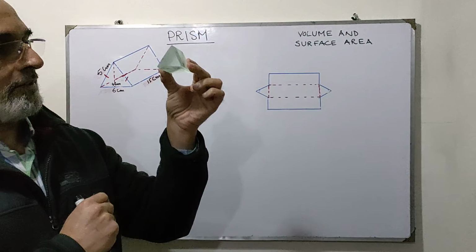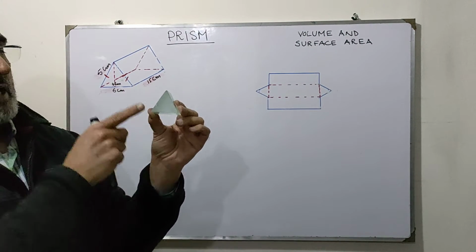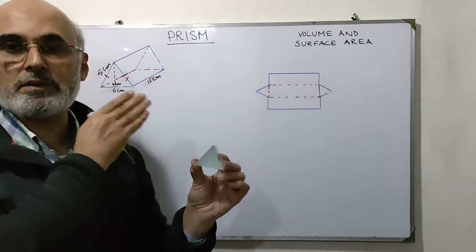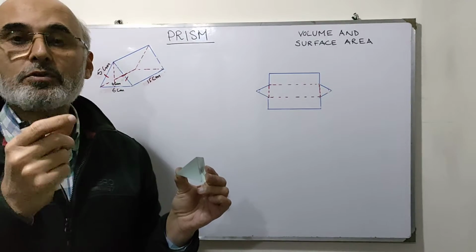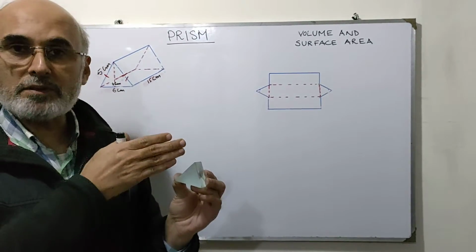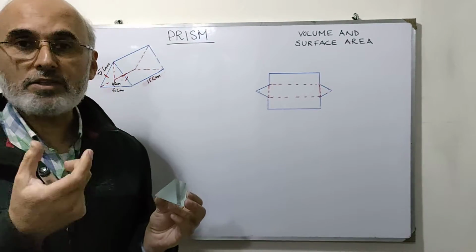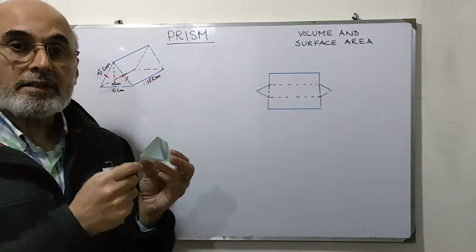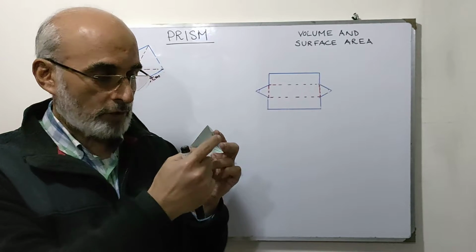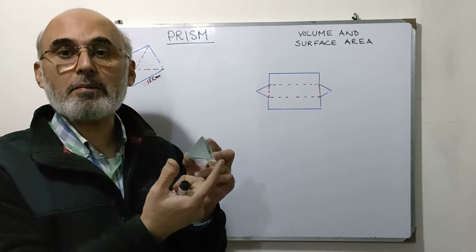Now, what does this mathematical definition mean? It means that if I am holding a prism like this and I am going to cut, to slice this prism, I am going to get uniform slices of this prism. And these uniform slices are the uniform cross section. That means that each and every slice is going to be a triangle of the same dimensions.